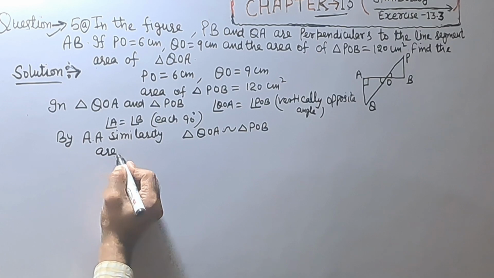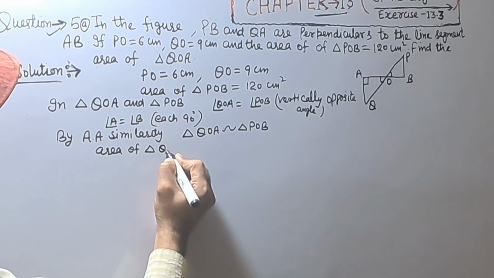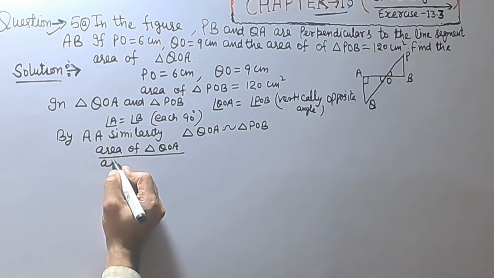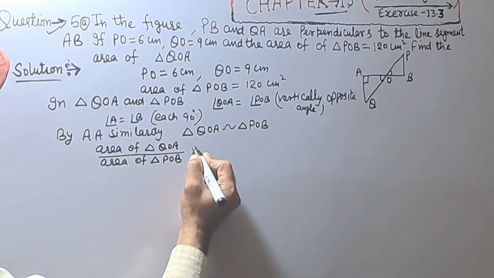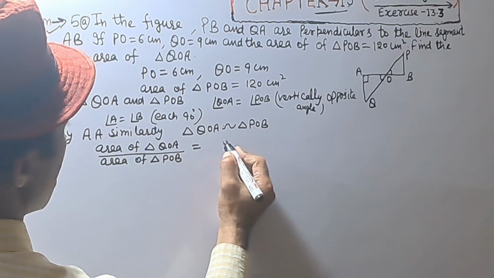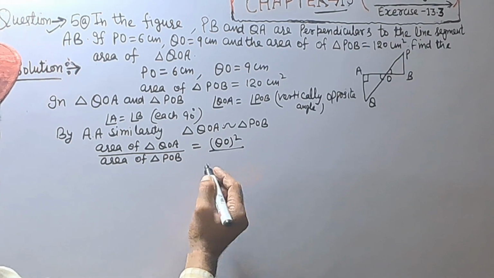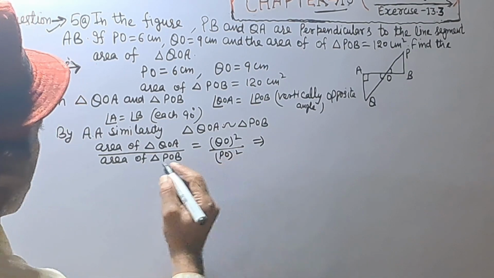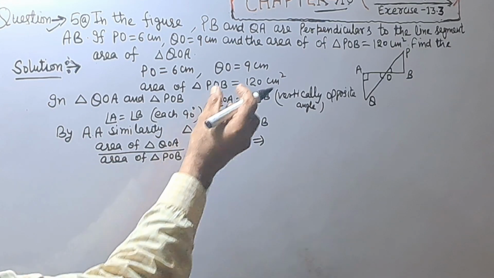Then area of triangle QOA divided by area of triangle POB is equal to QO square upon PO square, and we have given area of triangle POB.